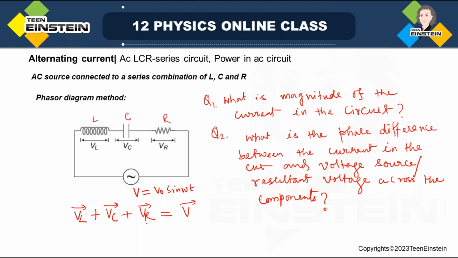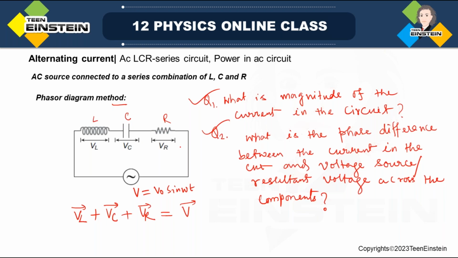All right. See, there are two methods of solving this circuit, or to analyze this circuit and address these questions. One is phasor diagram method, another one is analytical method.